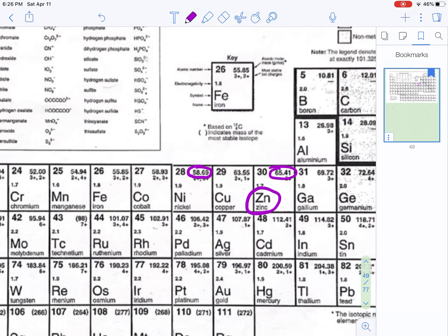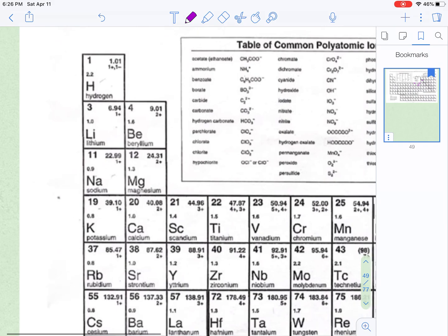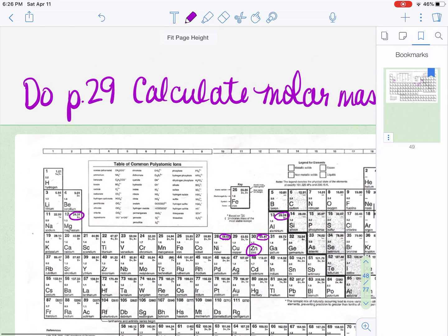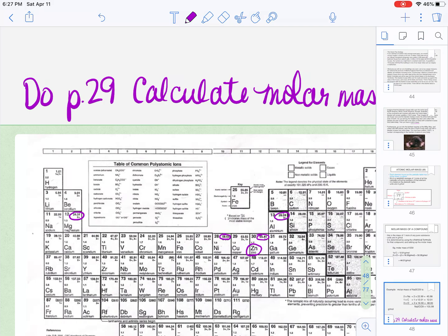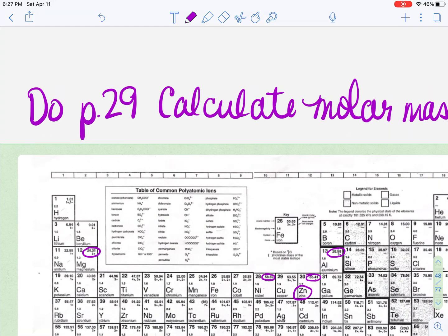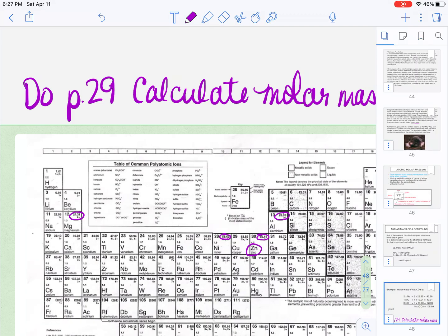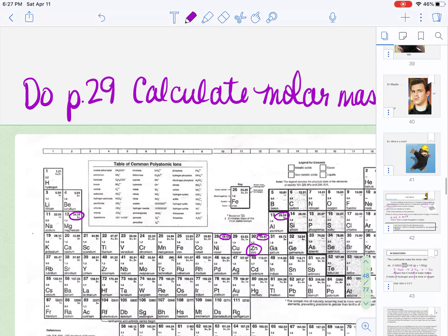It would be 26, almost 27 grams of aluminum to be a mole of aluminum. It would be just over 24 grams of magnesium to be a mole of magnesium. So those are the molar masses that are shown on the periodic table. And we'll be going back to that again later and talking about how we can use that in doing some calculations.